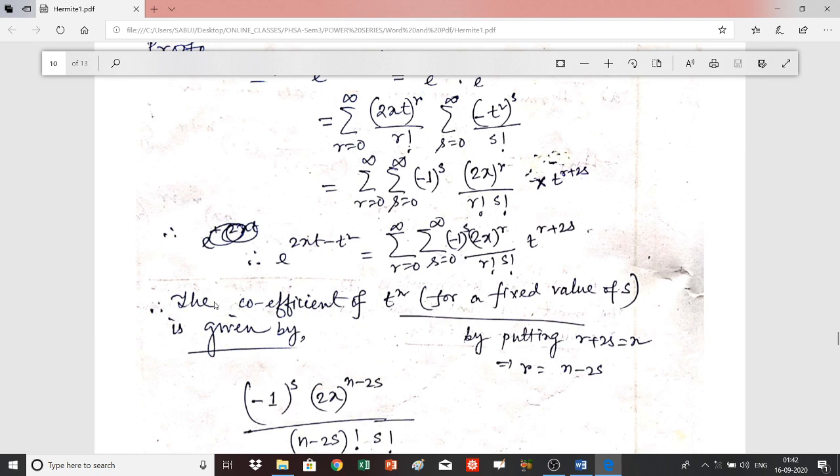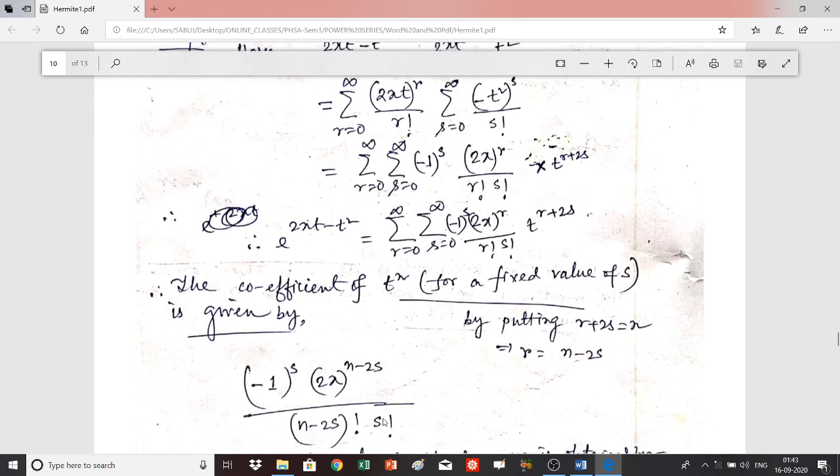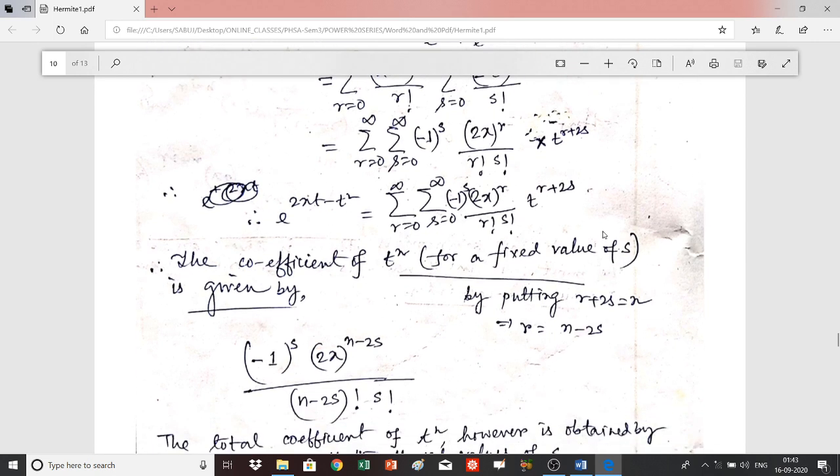So the coefficient of t to the power n for fixed values of s, for certain definite values of s, right here, the coefficient of t to the power n.